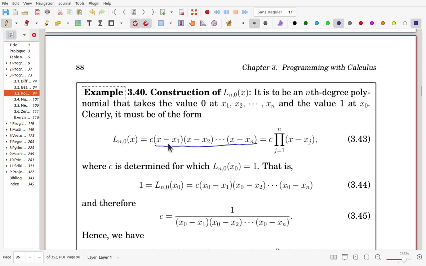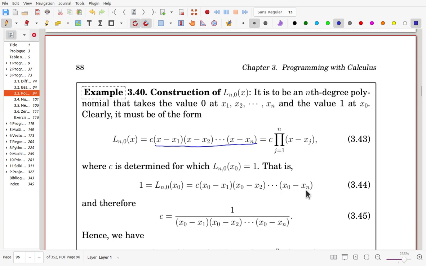Now, this one should satisfy the other condition: the value must be 1 at x0. So we put x as x0, then the value is 1. Now here x is replaced with x0. We have that. But we start with distinct x values, so this product cannot be 0.